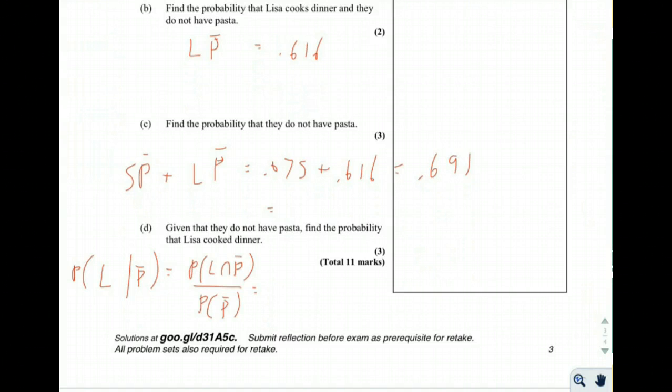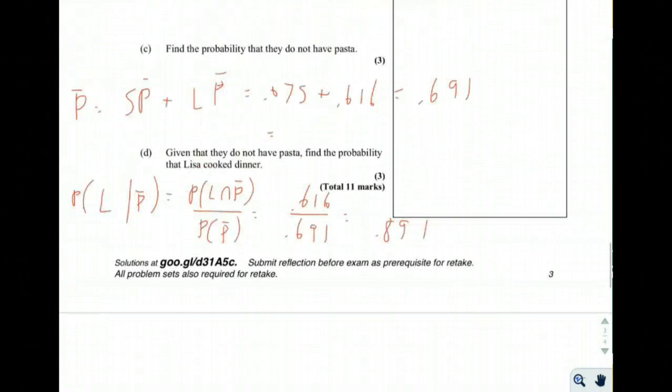Okay, so we know that the probability of not pasta is here, which is 0.691. And we know that the probability of Lisa not pasta is 0.616 from part B. So we just divide these two. 0.616 divided by 0.691 is 0.891. Okay, and that was it.